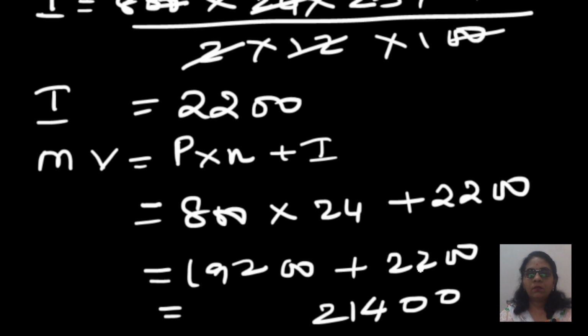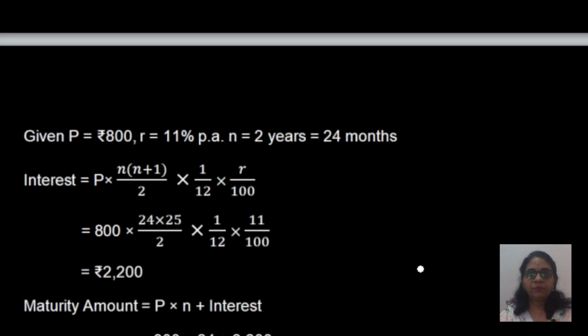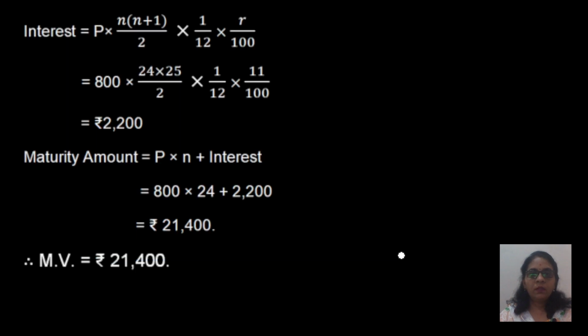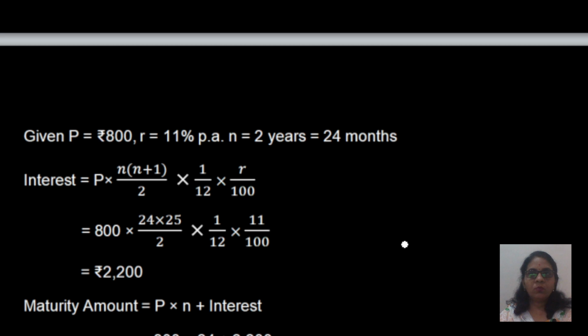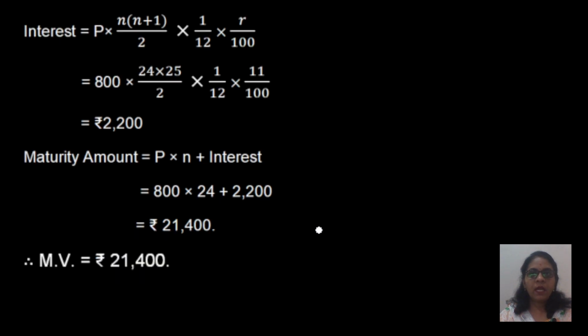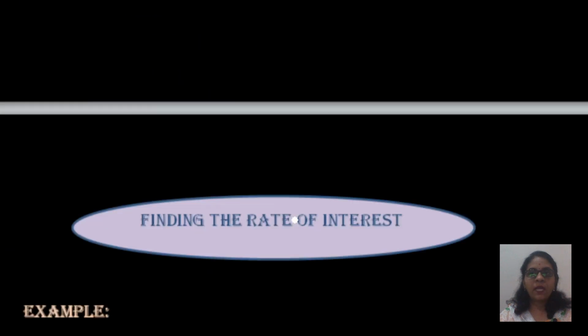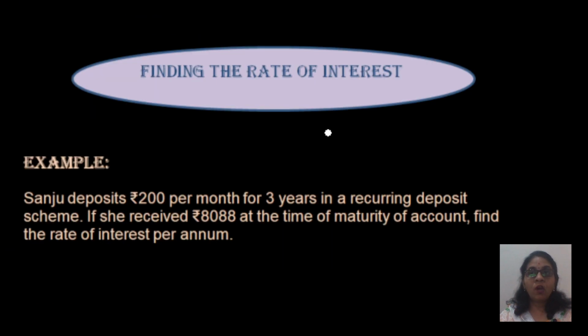So let's see the solution. Given P is equal to 800, rate percent is 11% per annum, time is 24 months, the interest is 2200 and the maturity value is 21,400. So let's go into the next model, that is finding the rate of interest.